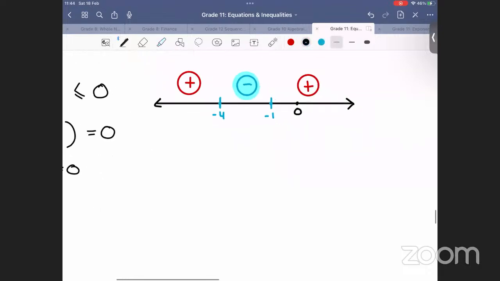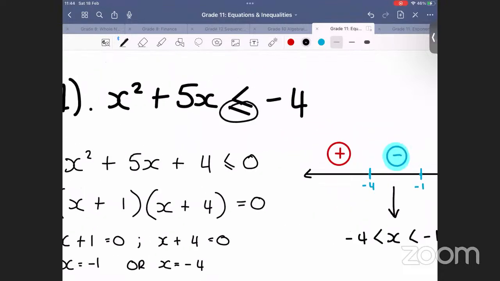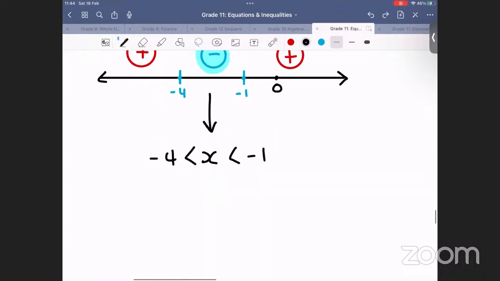How do I express this negative interval? Remember, it's between the two. Whenever it's between the two, you have the x in the middle and two values on either side. I need to include the endpoints simply because the question includes them. So x is greater than or equal to -4, but less than or equal to -1.